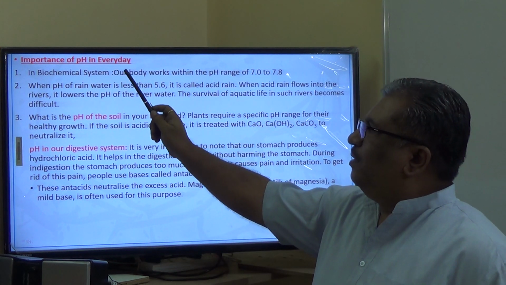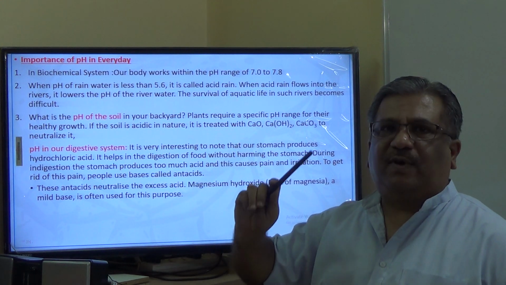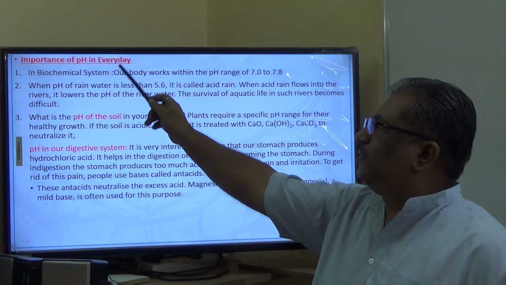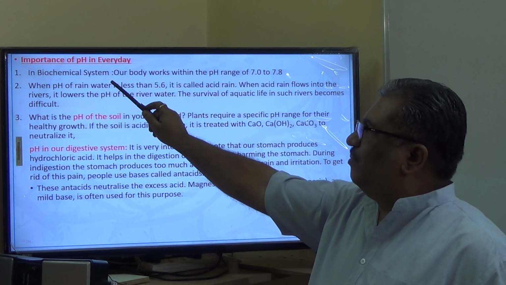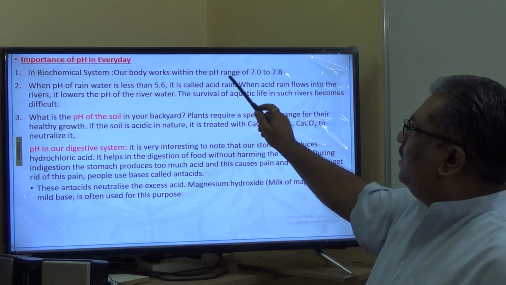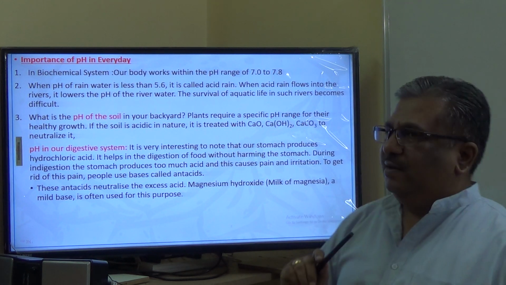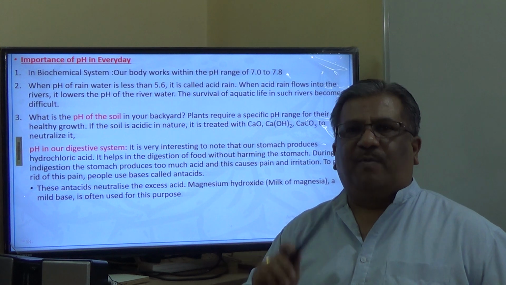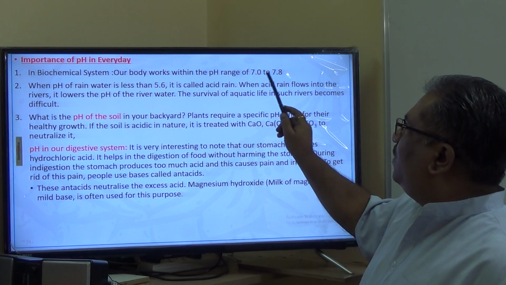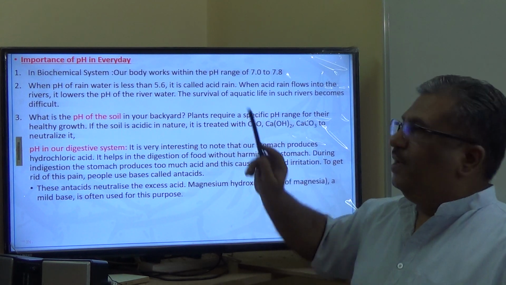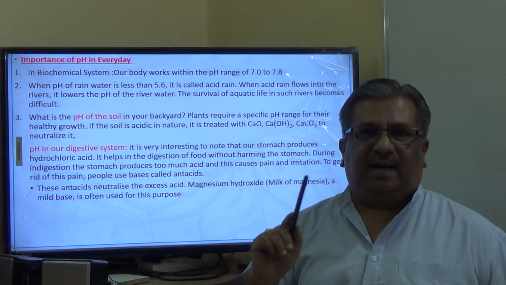See, these are the main points taken from your textbook. What is the importance of pH in our everyday life? In the biochemical system, our body works within the pH range of 7 to 7.8. Meaning, for proper functioning of the body, the pH range is 7 to 7.8. 7 is neutral, 7.8 is slightly alkaline.